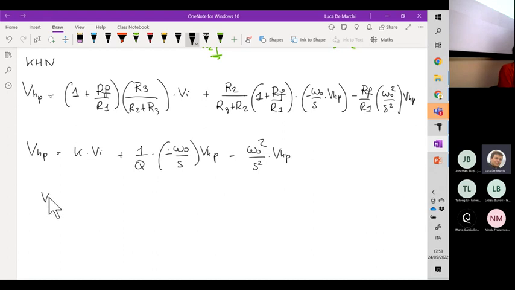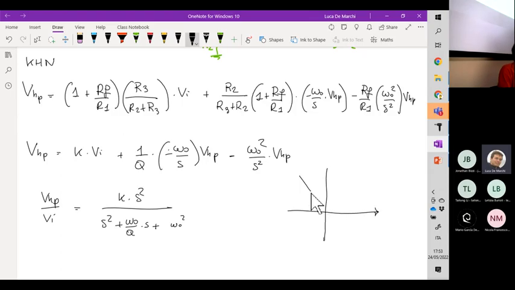So please remember that VHP over VI is given by this expression: K times s² over s² plus omega null over Q times s plus omega null². And please also remember that this is related to the pole positioning with respect to the imaginary axis.